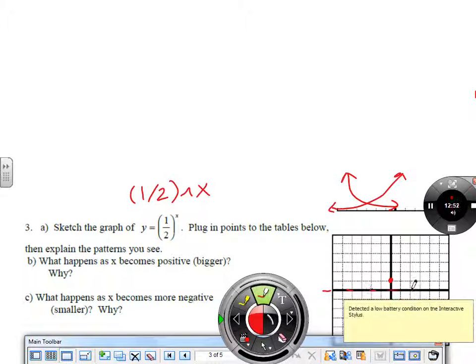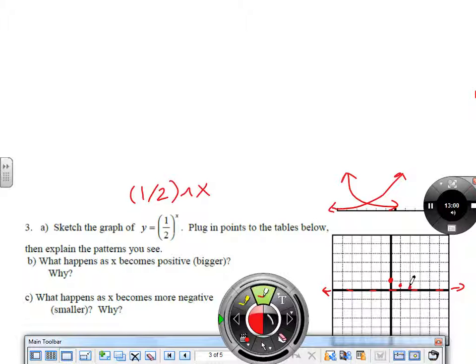It still eventually gets closer and closer to, but doesn't actually meet this line at 0. Except for over here, when I plug in positive 1, I get 1/2, and positive 2 is 1/4, and then 1/8. Negative 1 is 2, and negative 2 is 4. So they are different in the pattern of their shape and in the direction that they're going. However, they're similar in the fact that they still have this consistent point and they still approach this same asymptote.